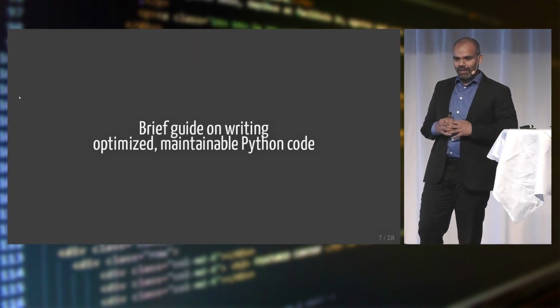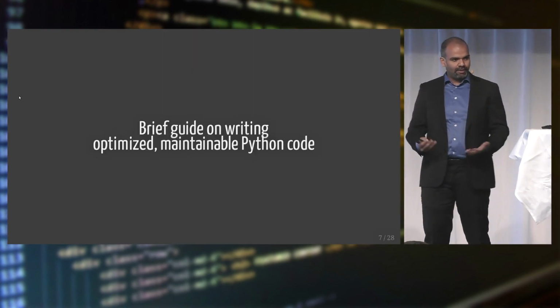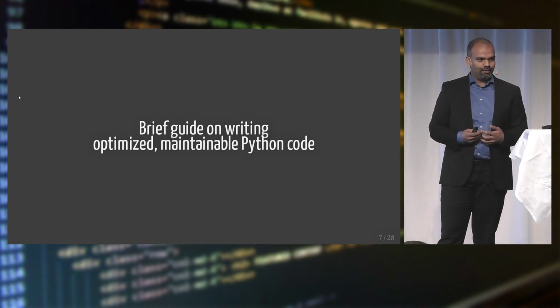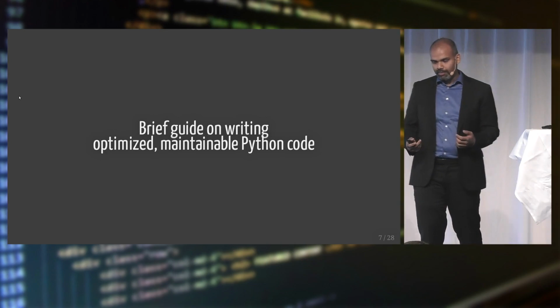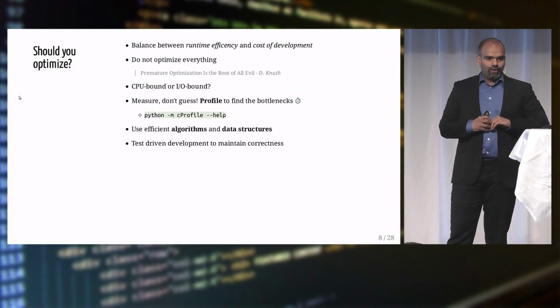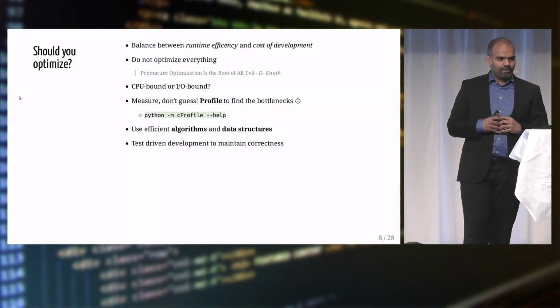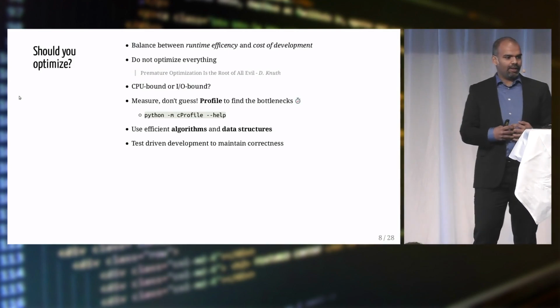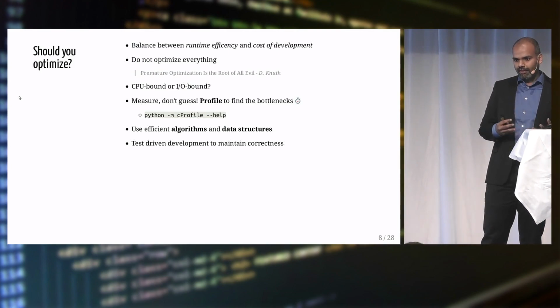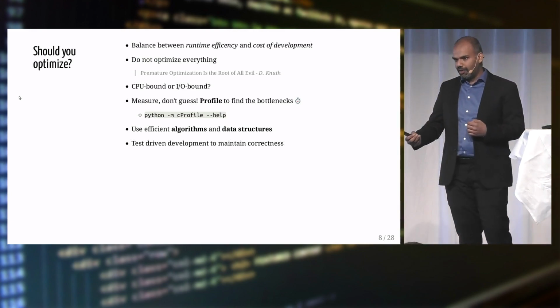Starting off with something very general, this is a guideline for all of you on how to write optimized as well as maintainable Python code. Python's strong decision in the beginning was this emphasis on readability. So it's very easy to communicate algorithms.